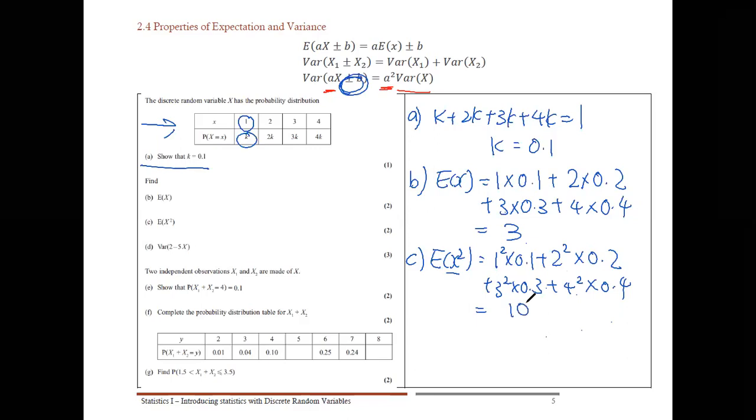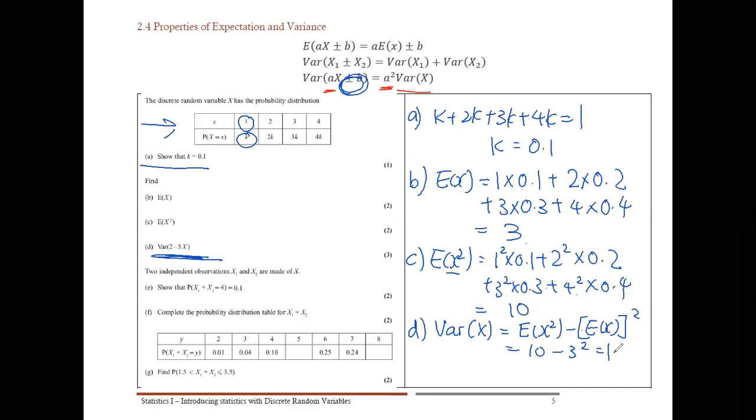Okay, so for D, before we can compute the augmented equation here, let's find out our var x first. So var x, we're going to use the equation that we have derived just now, which is expectation of x squared minus expectation of x, squared. So in this case, it will be 10 minus 3 squared, which is 1.